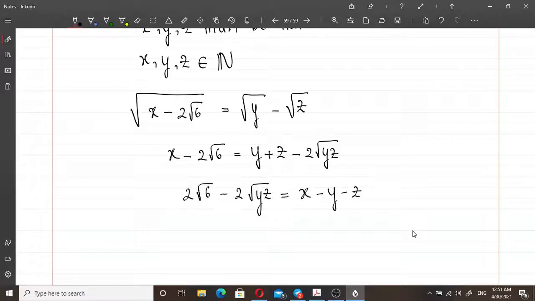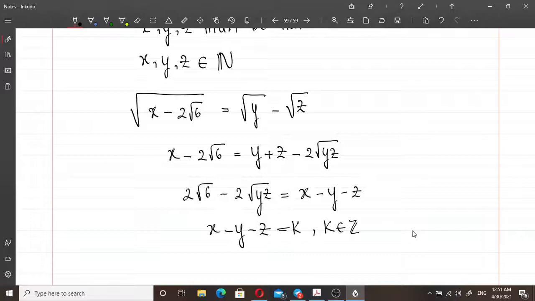So we can consider it as k, and assume that x minus y minus z is equal to k, and k belongs to the set of integers, or we can say k is an integer. Like I said before, k is an integer because k is equal to x minus y minus z, and x, y, z are natural numbers.